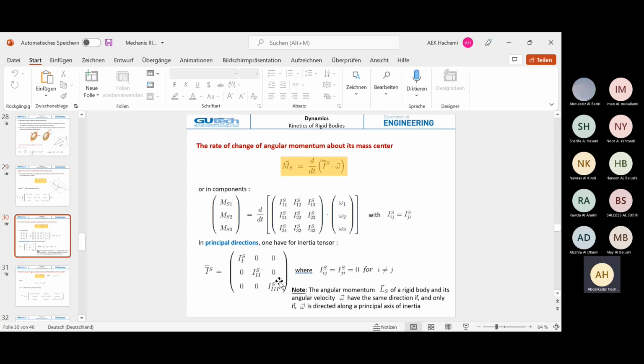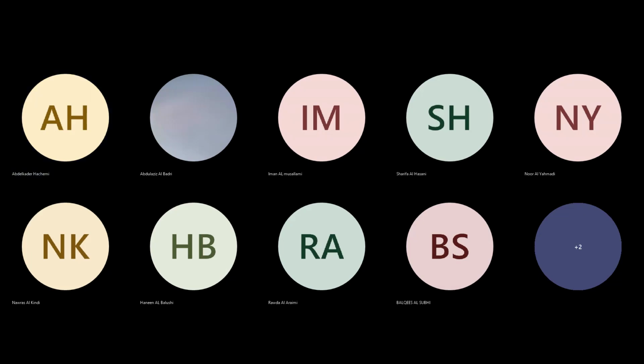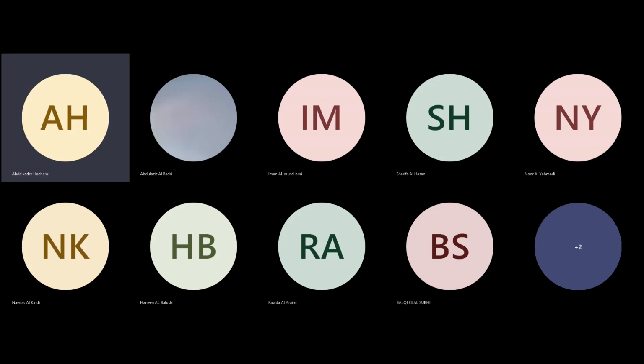We will use the principal directions here, x prime, y prime, and z prime. But omega will no longer be omega x, omega y, and omega z; it will be omega x prime, omega y prime, and omega z prime. You have to keep this in mind. Now coming to the equation, how to solve this kind of problem.